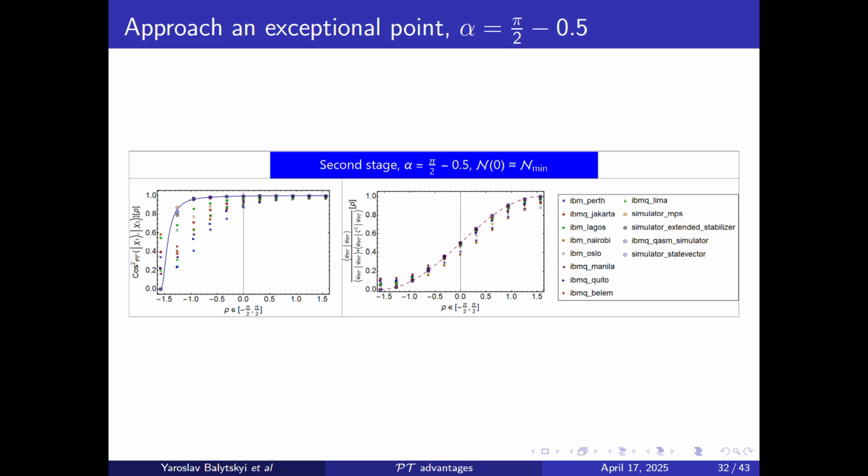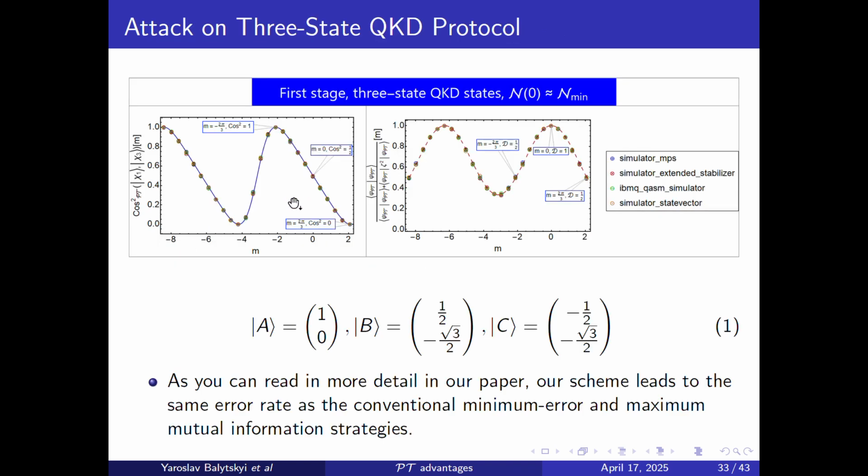And essentially here what you can see is that for the quantum processors, simulator MPS, simulator extended stabilizer, IBM-Q QASM simulator, simulated state vector, they actually have a better agreement with our theoretical computations. So here we ran only those for the three-state protocol.